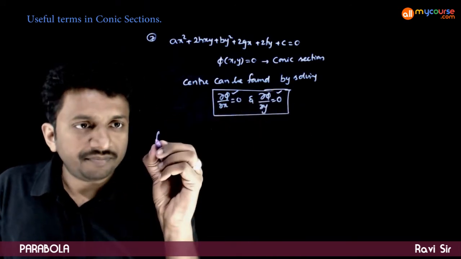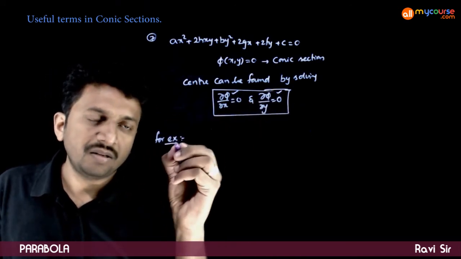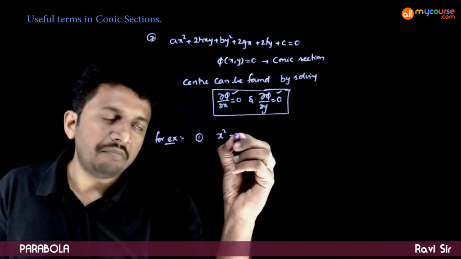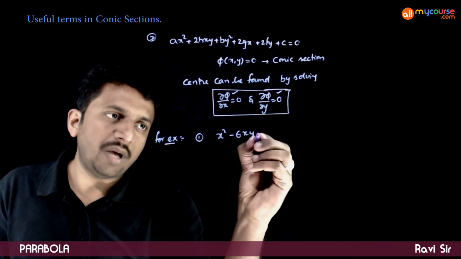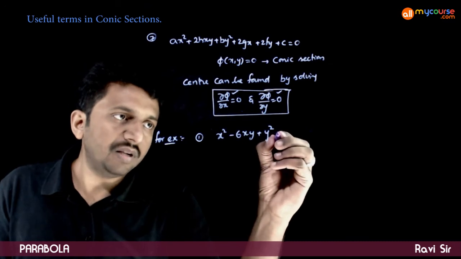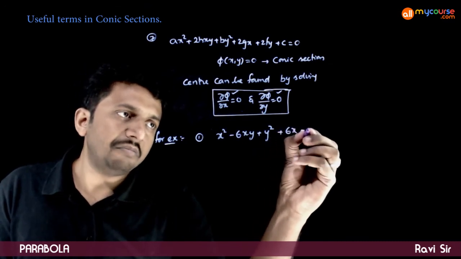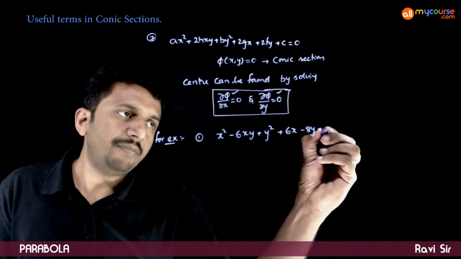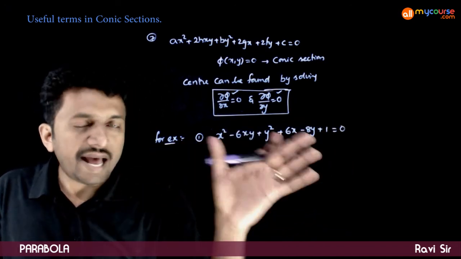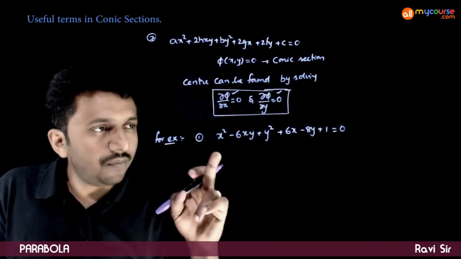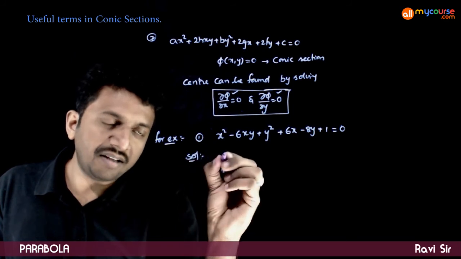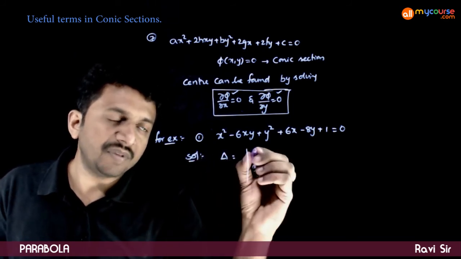If you solve these two equations, if there is a center, you get the coordinates of the center. For example, take the equation x square minus 6xy plus y square plus 6x minus 8y plus 1 is equal to 0. Let us first see what this curve is. To categorize this curve, let us first find delta.